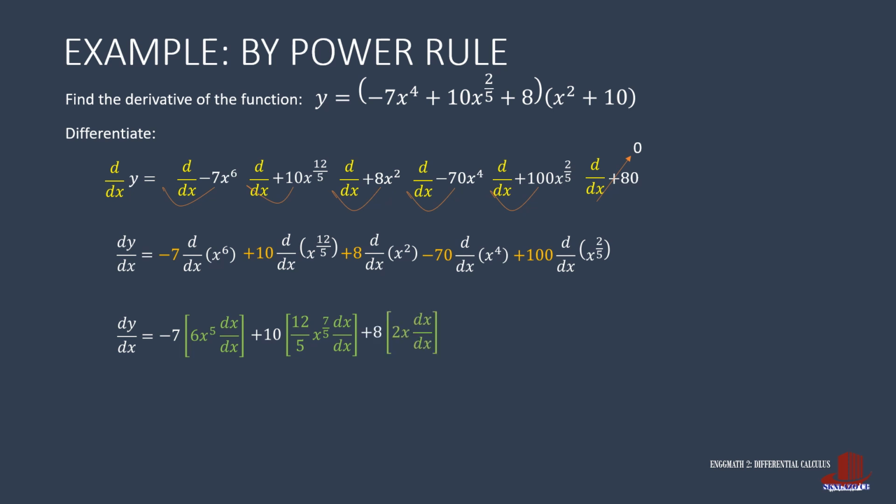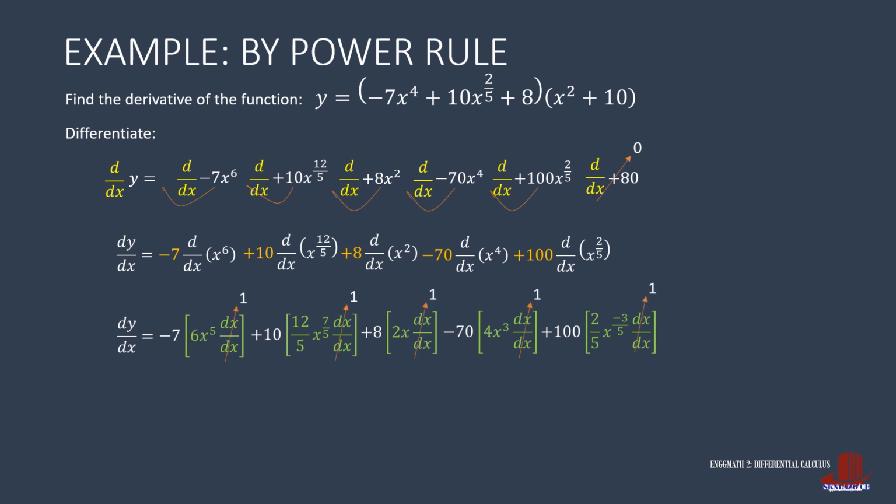The derivative of x squared is 2x times dx all over dx. Then the next term has the derivative of x raised to 4, which is 4x cubed with dx upon dx. The last term looks for the derivative of x raised to 2/5, which is 2/5 times x raised to negative 3/5 times dx over dx.